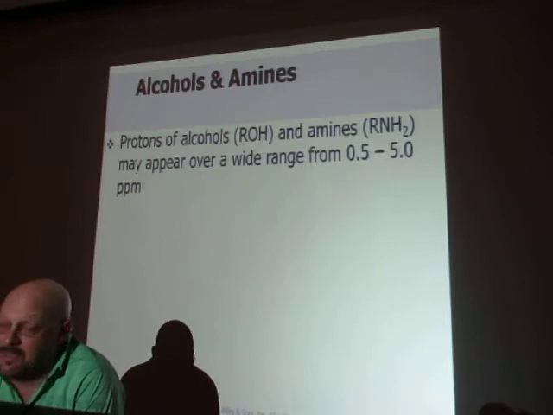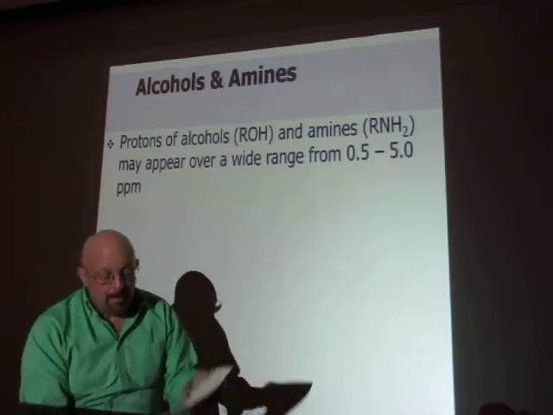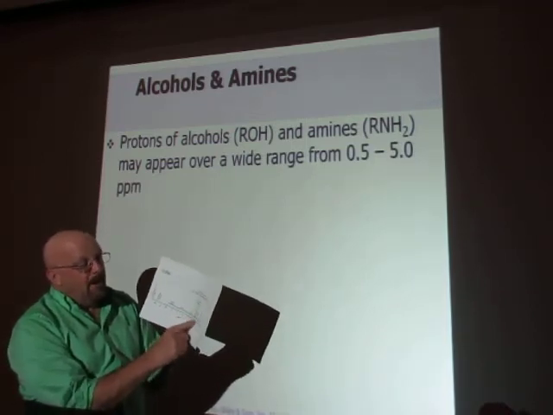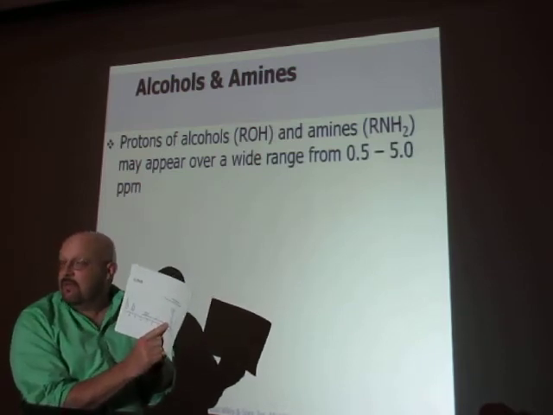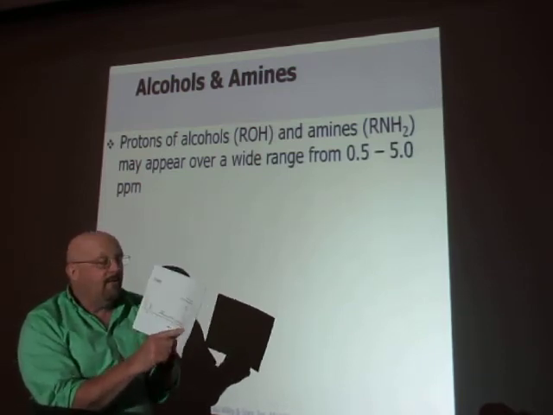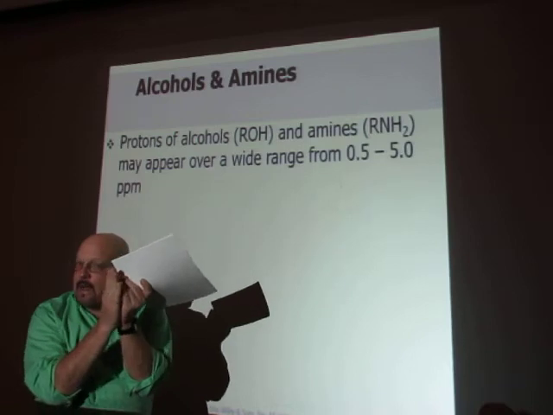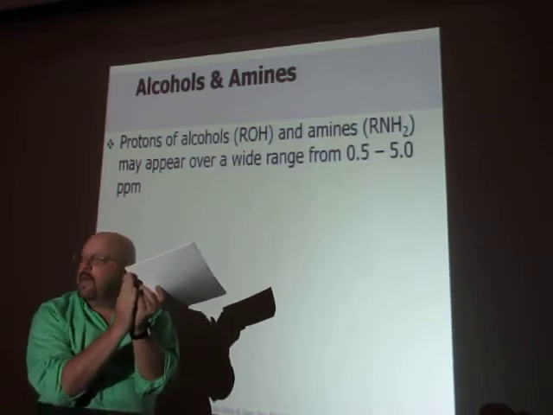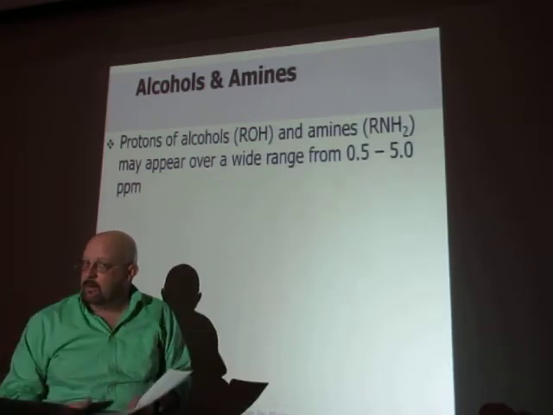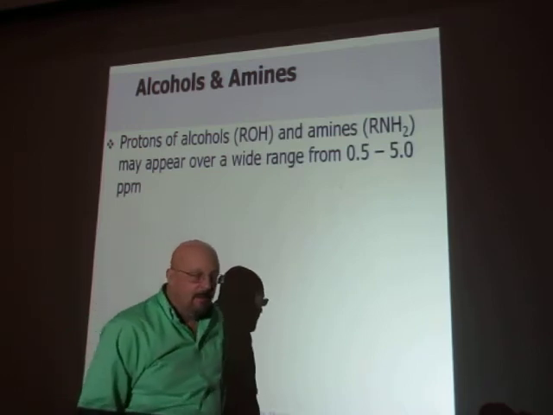So it's very easy to pick out an OH or an NH because it's a broad peak. So even though it may overlap some of the other stuff, it's easy to tell the difference. All these other peaks are going to be very sharp, very narrow peaks, and your OH or NH will be very broad. Easy to tell the difference.